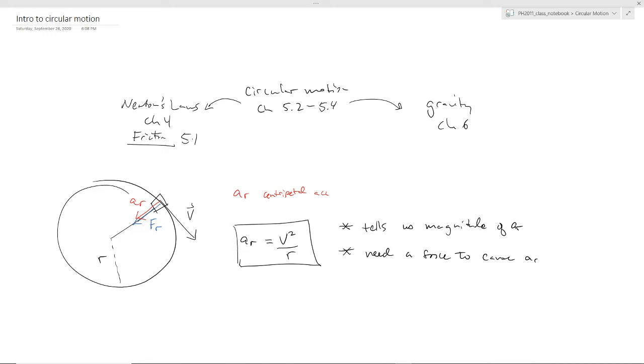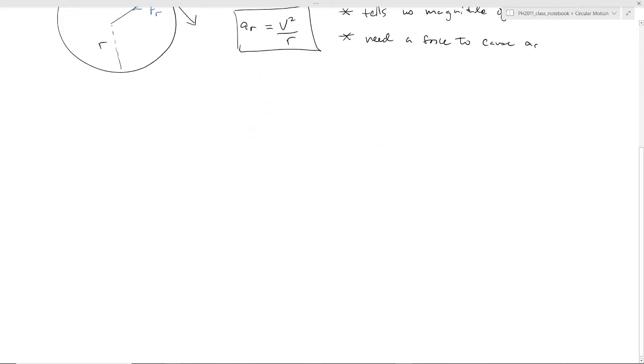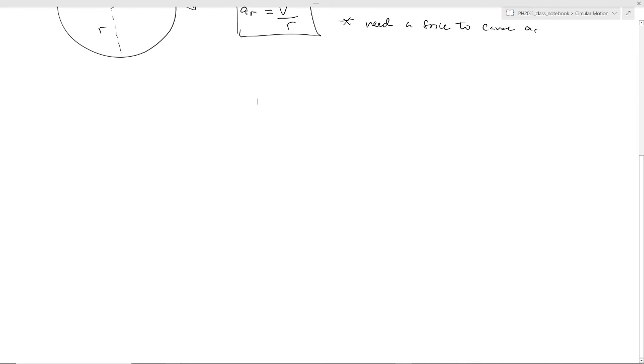But before we talk about friction, let me give you a visual example. So in the example that I just showed you, the force that is providing the centripetal acceleration is tension, the tension in the string that's holding the object.